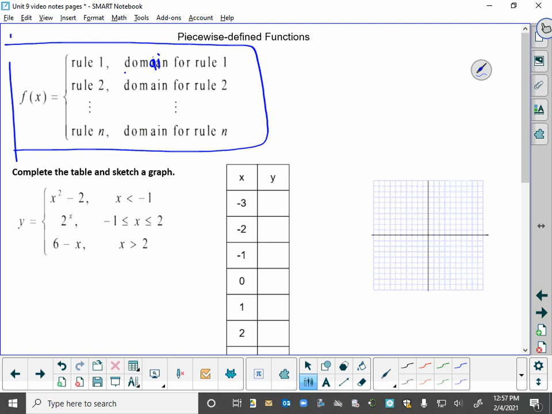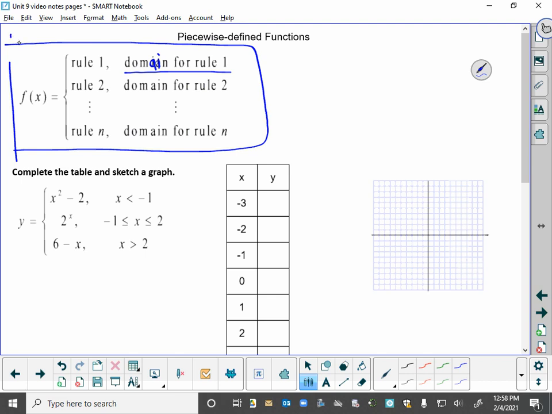So every one of them has a domain that says this is when you can use this input-output relationship. Remember, domain is about the input, so these domains off to the side are going to tell you when you can use that particular rule. And we can string as many of those together in there as we need to. Normally we don't see a ton of them in there, but it certainly is a possibility.